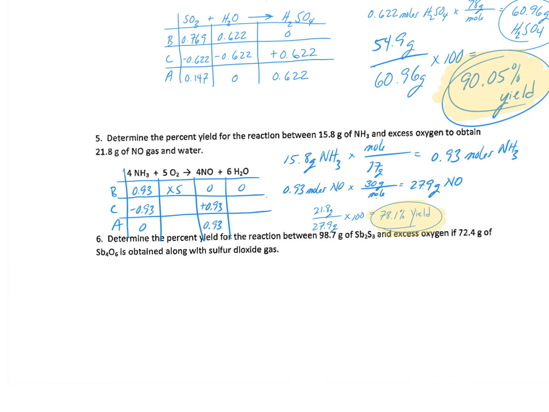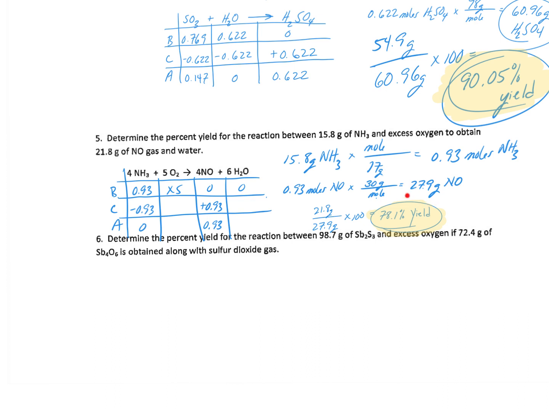So I just left the stuff out of the calculation that is not necessary for this one. We would make 0.93 moles of NO if we were to use up 0.93 moles of ammonia. So 0.93 moles of NO, that turns out to be 27.9 grams of NO.